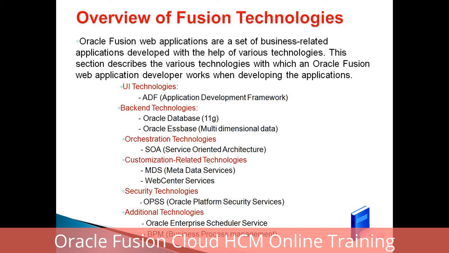So you submit a scheduler job like some refresh process or something. There is a scheduling window available. From there we'll be able to do that. And same way another technology used is BPM, business process model or business process management, which is again used in the approvals. So these are some brief ideas about the technologies used across building the Fusion applications.